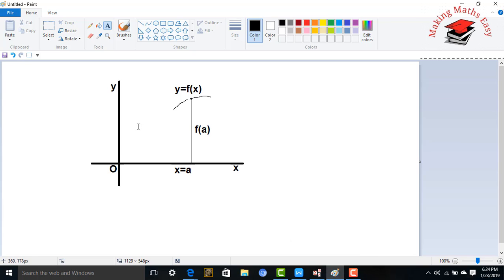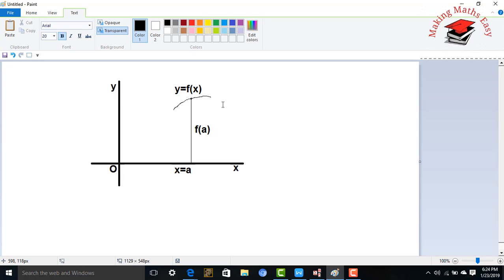Let's understand this part with the help of a graph. This is our graph. This is the x-axis, the y-axis, and O is the origin, and this point corresponds to x equal to a, and this point corresponds to y equal to f of x. So y corresponds to the function of x, where x is equal to a, and this line or this segment is equal to f of a.